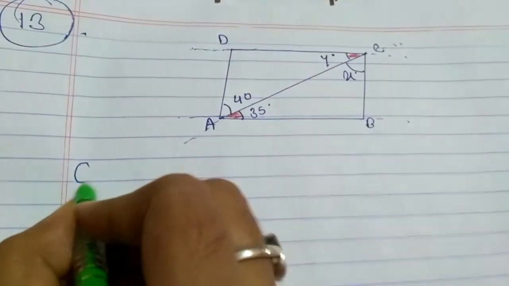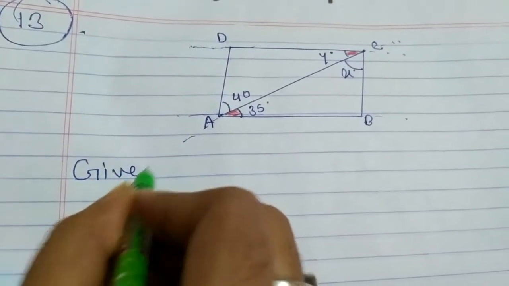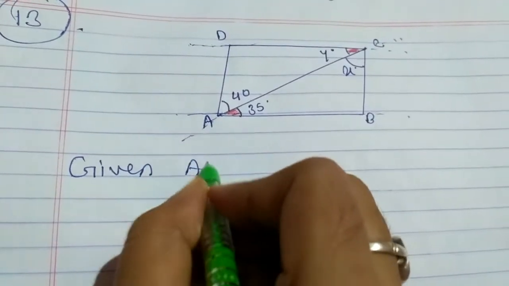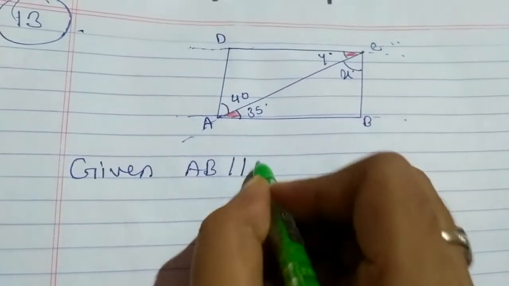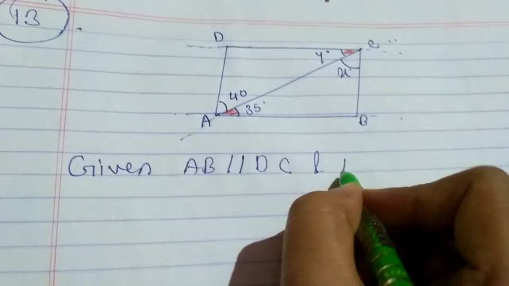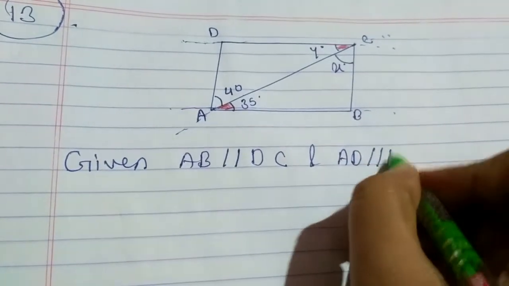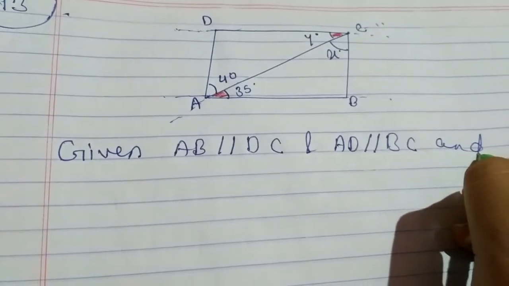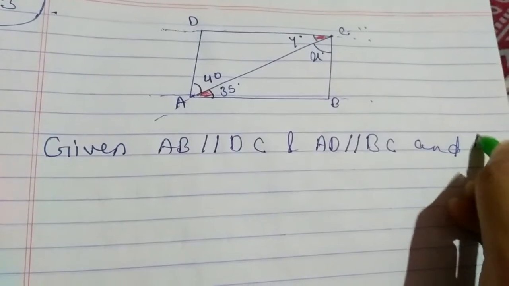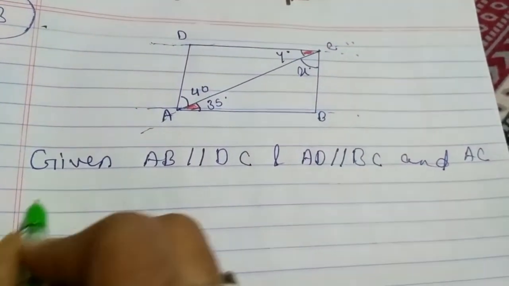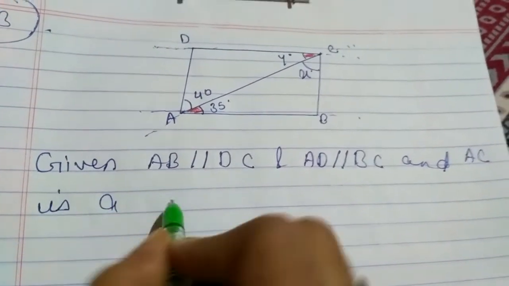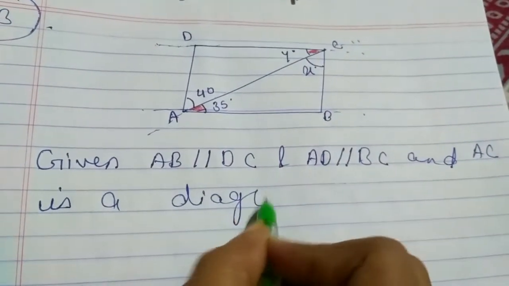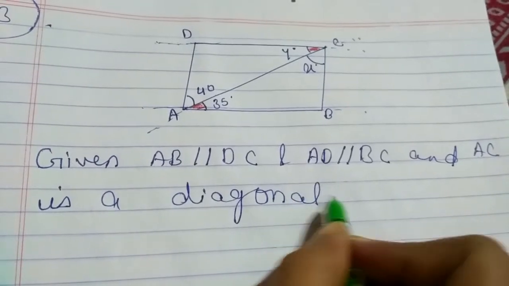Okay, so just you have to only write down this thing only. Given AB parallel to DC and AD parallel to BC and AC is a diagonal.